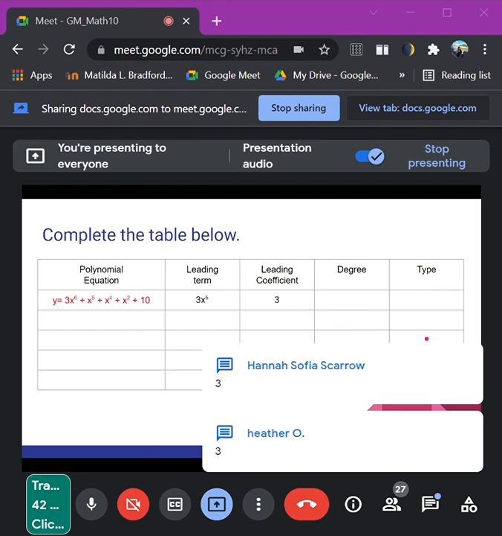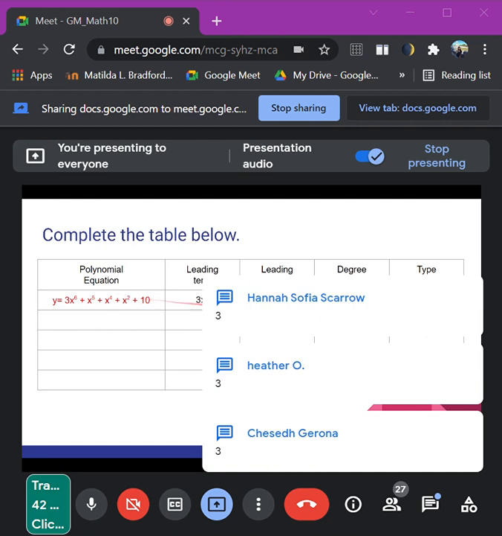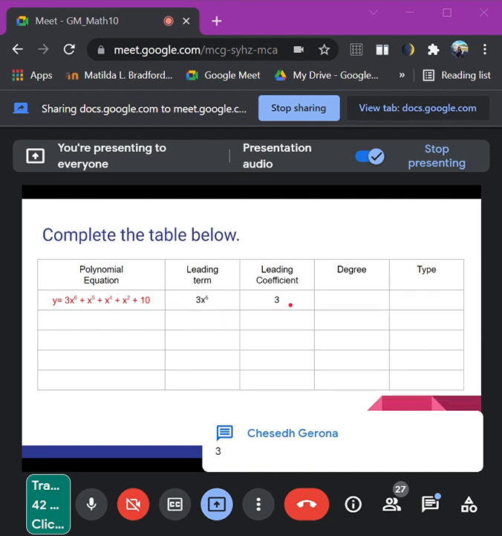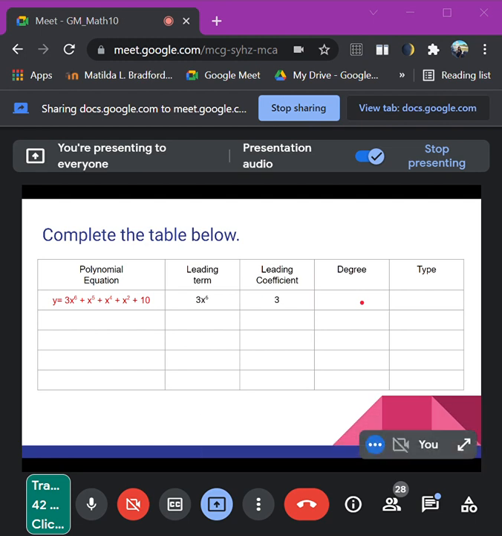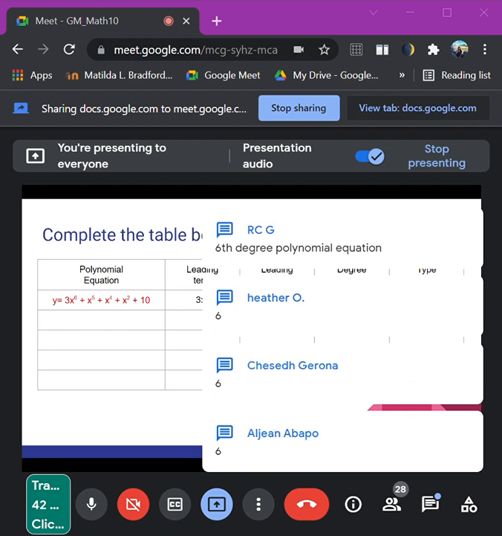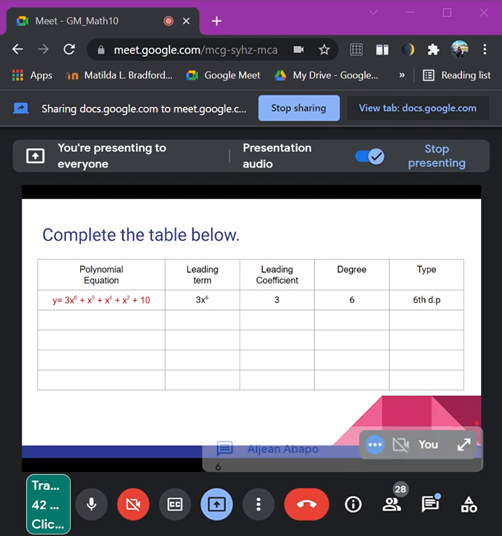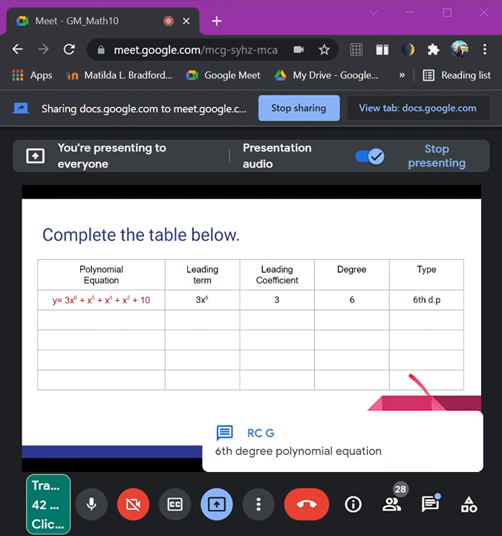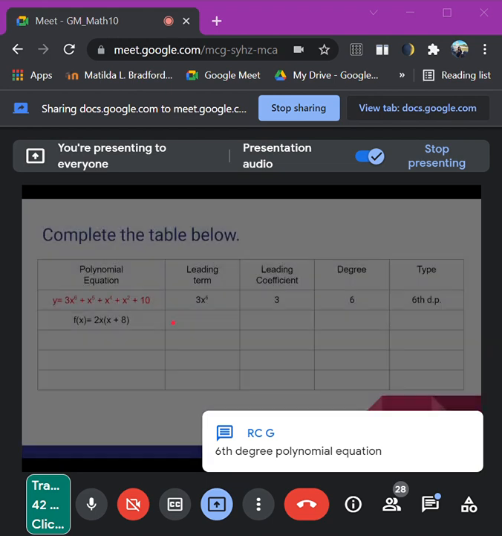That is 3. So remember, class, coefficients are numbers, variables are letters. How about our degree? Okay. That is 6. And then our type is a 6th-degree polynomial. Okay? Very good. Now, let's go to our next example.